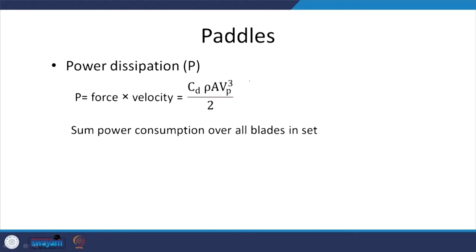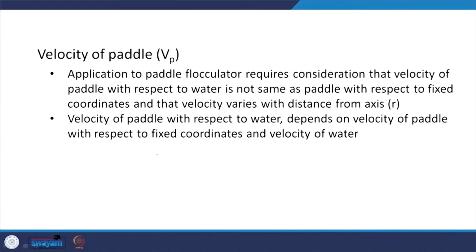Earlier we had square and now we have cube here, right? And if there are different blades, you are going to sum power consumption over all blades. So per blade, if this is the consumption, what is the consumption over all the blades, you will just sum them up. Regarding velocity of paddle, we need to be aware of one aspect. If this is the shaft and this is the paddle holder, these are the paddles.